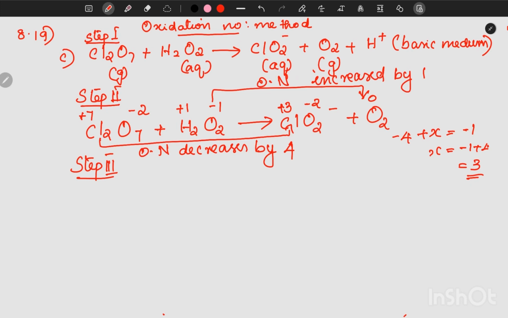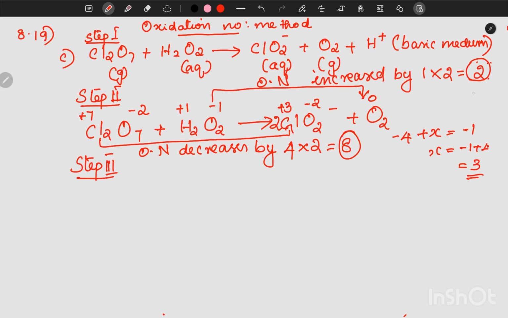For one chlorine atom, the change is 4, so we can put 2 before ClO2 to make the chlorine atoms equal. Now, the overall change for 2 chlorine atoms, 2 into 4, is 8, and for 2 oxygen atoms, 1 into 2, which is equal to 2. Now, we can see the changes are not equal. In one case, the oxidation state decreased by 8, and in the other case, it increased by 2.